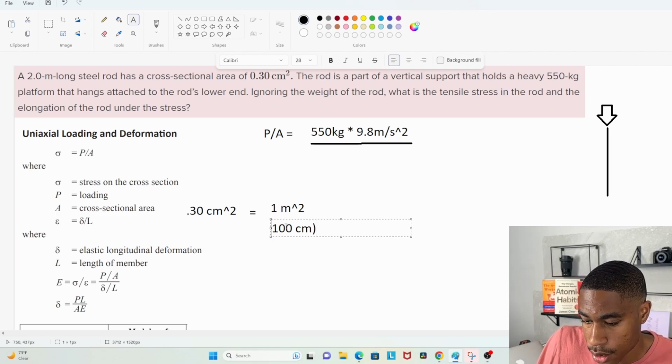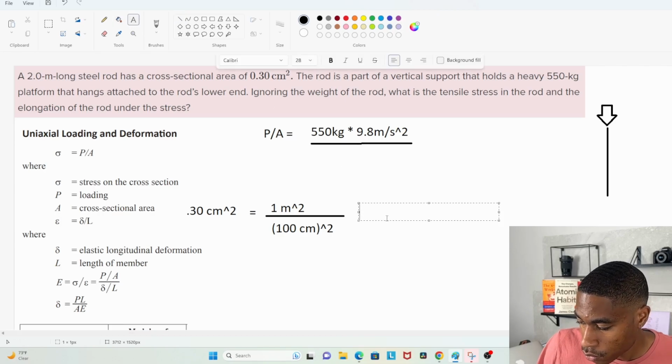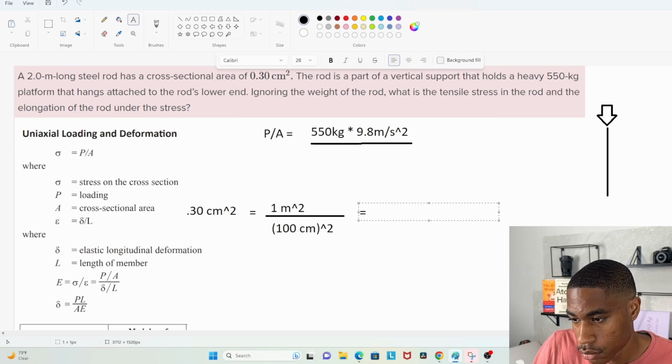That means I need to square both so that my units will cancel and I get it in meters squared. All right. So that's going to give us what? Looks like 0.30.